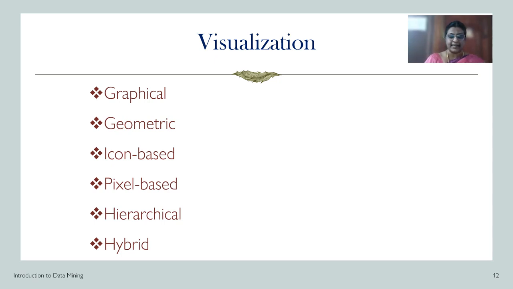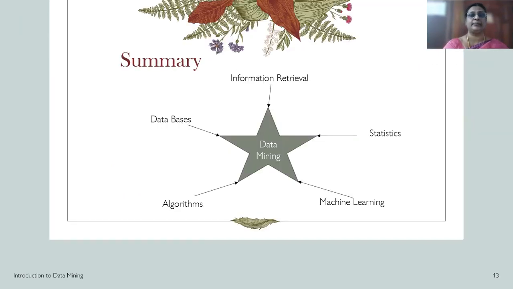Then hierarchical: divide the display screen into regions based on the data. Like clustering, you can go for a hierarchical representation of the data. You can partition the data on a screen, and show it group-wise or hierarchically. Hybrid, in the sense that a combination of all these techniques could be adopted.